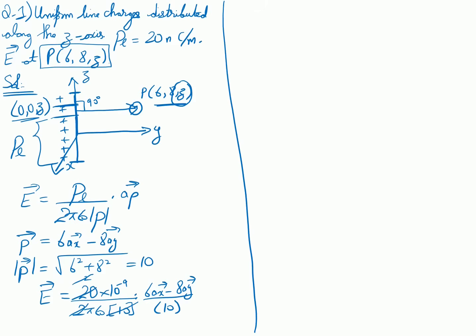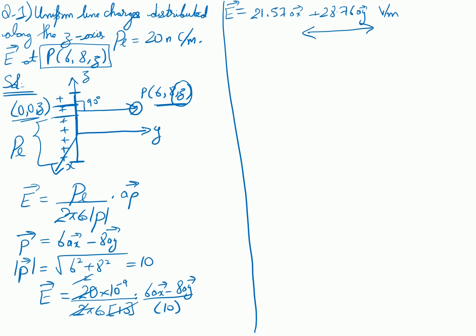So the electric field finally comes out to be 21.57 a of x plus 28.76 a of y volts per meter. This is the answer which I am getting, and hopefully your solution will have the same answer.